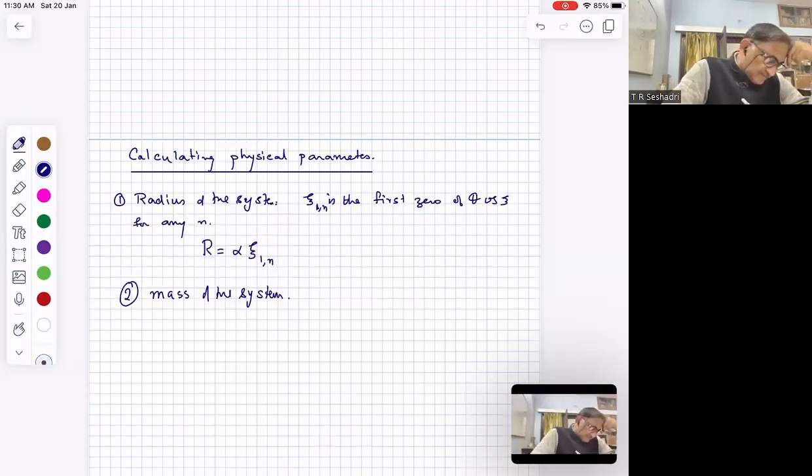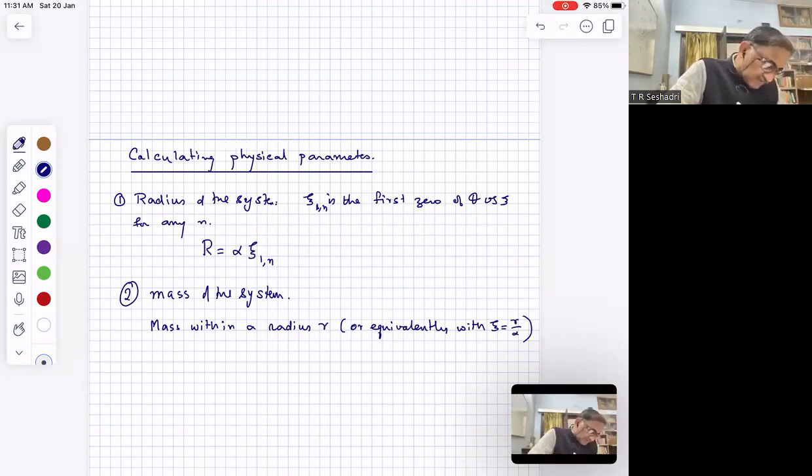Now, mass within a radius R, or equivalently within xi equal to R by alpha.